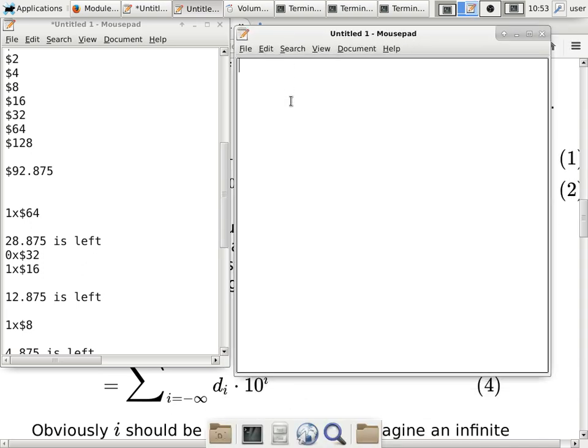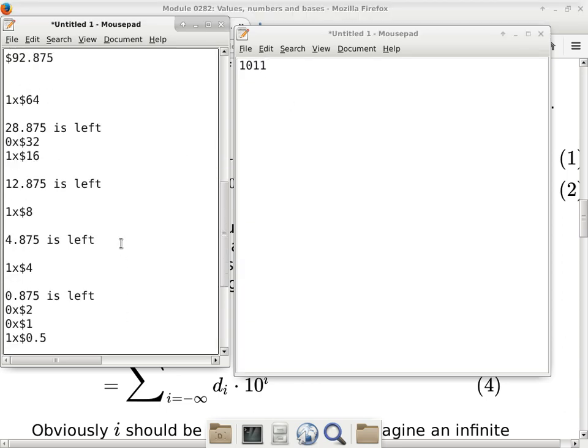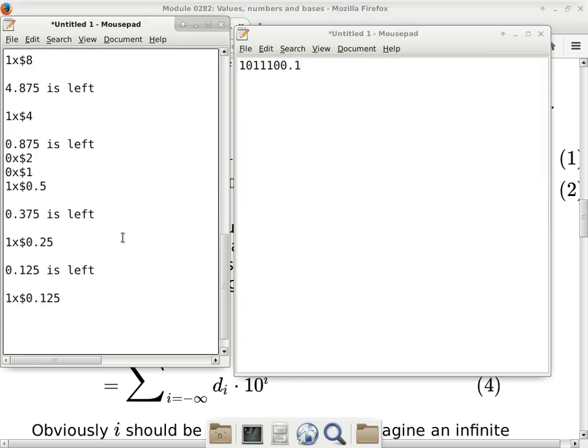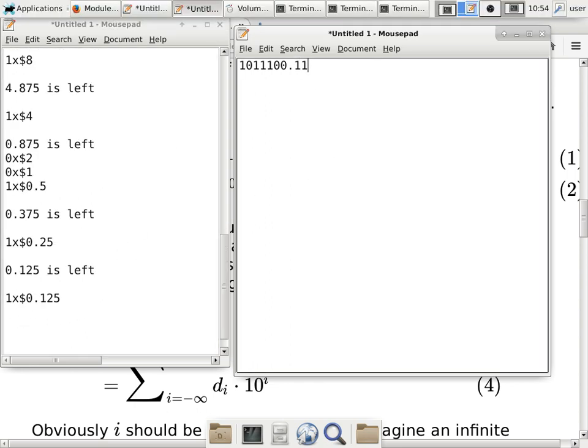So we have 1 64, 0 32, 1 16, 1 8, right? We got 1 4, we got 0 2, 0 1, and I'm going to use a dot here, and then we have 1/2, 1/4, and 1/8.